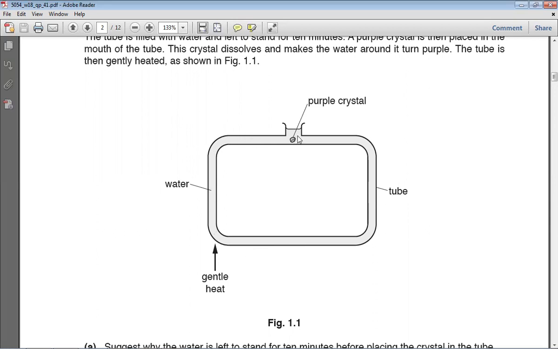This way the convection currents will set in this tube. When the water moves like this, the purple color will also move with the water. You cannot see the convection currents, but because of this color, you will be able to see how those convection currents are moving.